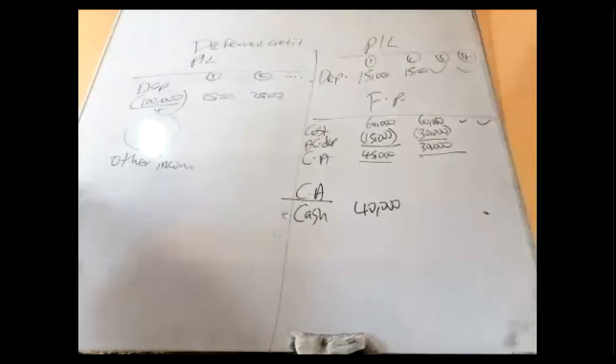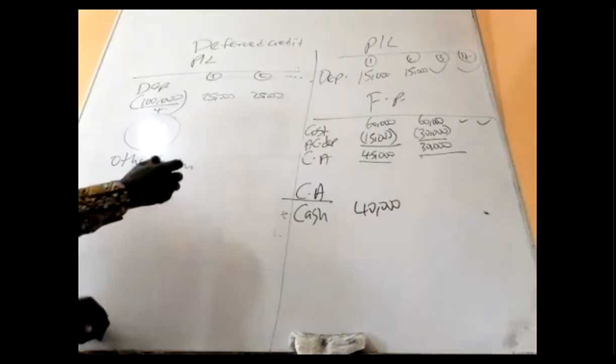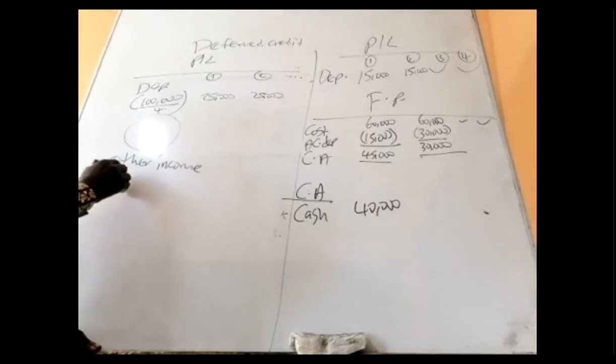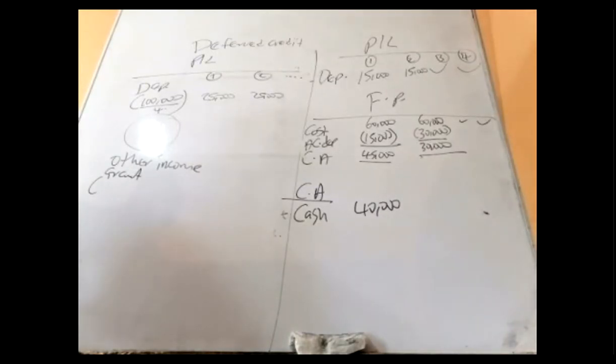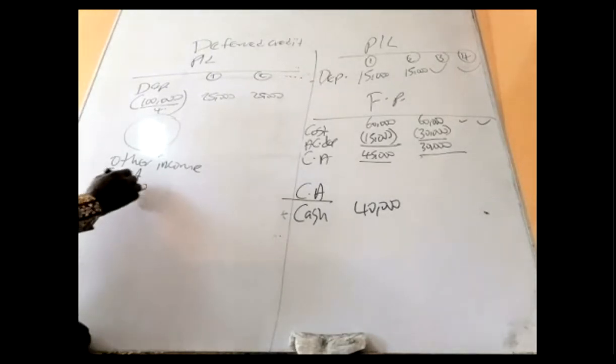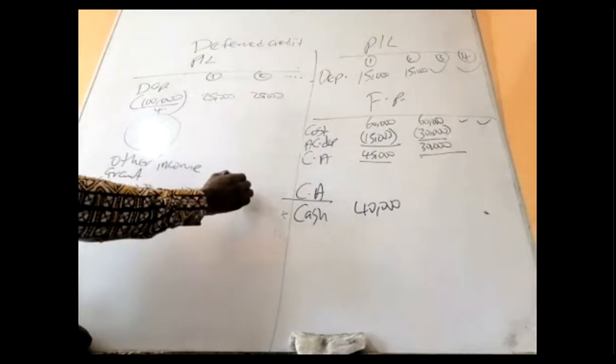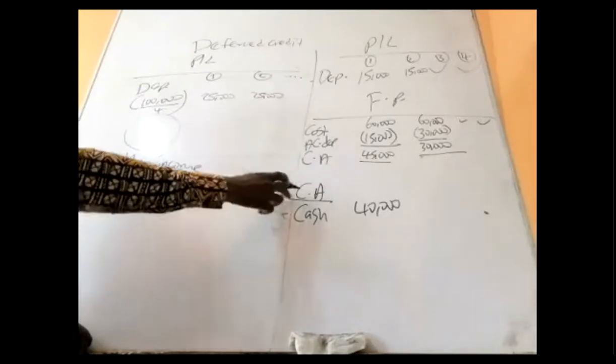Most examiners like this method, so I'll tell you why. Other income: amortize the grant. So record the grant here, in brackets. The entire grant is 40,000 divided by 4. You get 10,000. So every year 10,000 should be in the income statement, up to the end of the 4-year period.